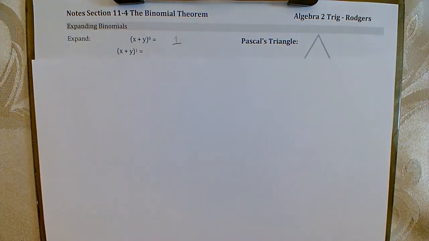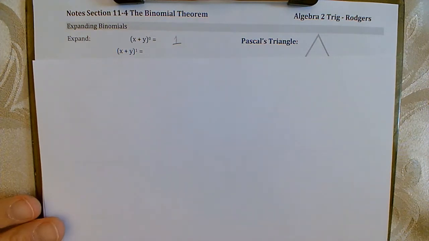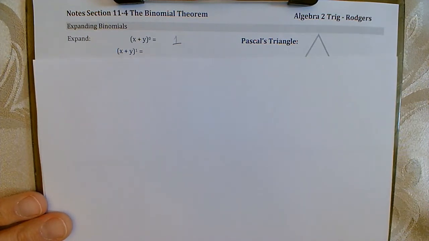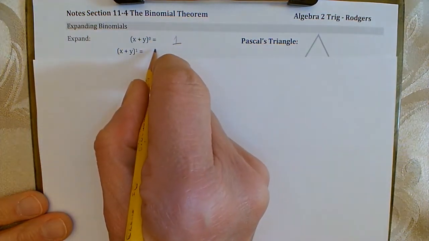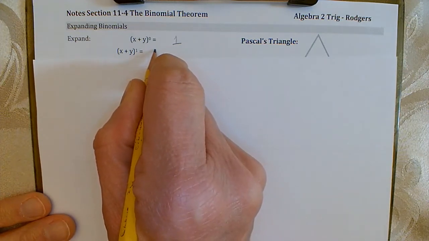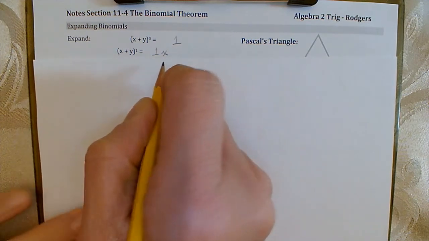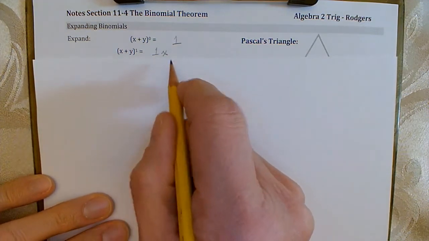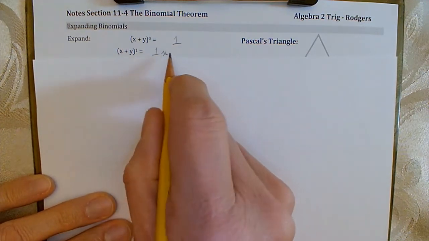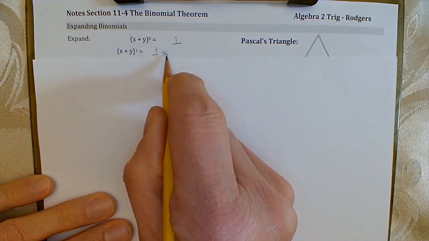All right, so pretty quickly we can see that if we take that same binomial x plus y and raise it to the first power, we know that that's going to be just x plus y. But bear with me for a minute, and indulge me here. I'm going to include the leading coefficients. So we have 1x, and then another thing I want you to do is, when you're doing this in this particular portion, always include the exponent on the variable.